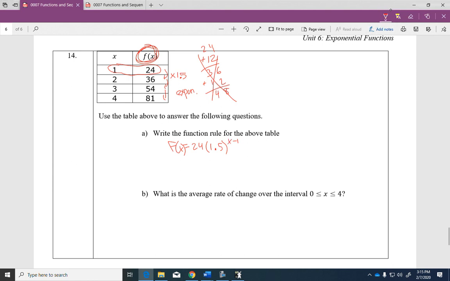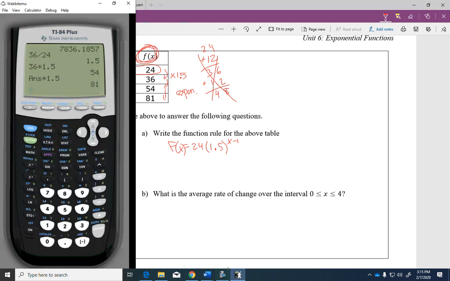So you notice I go back and I look and I make sure. This is what you need to do when you're taking your test. You can check and make sure this is the correct equation.